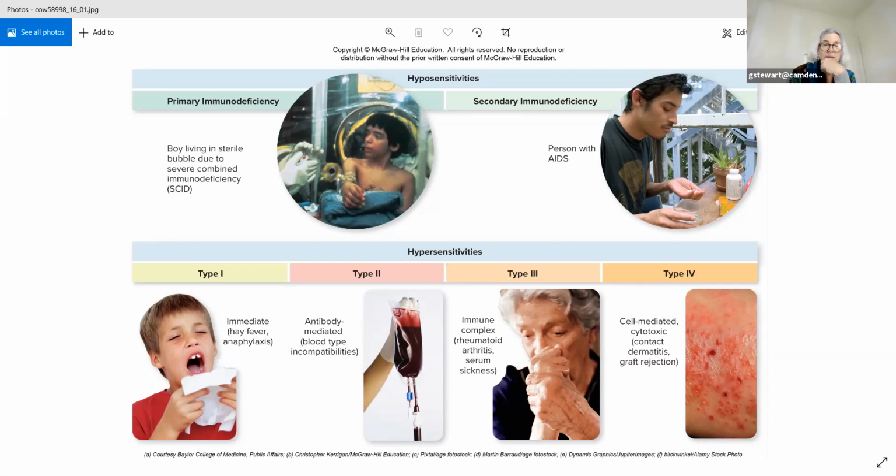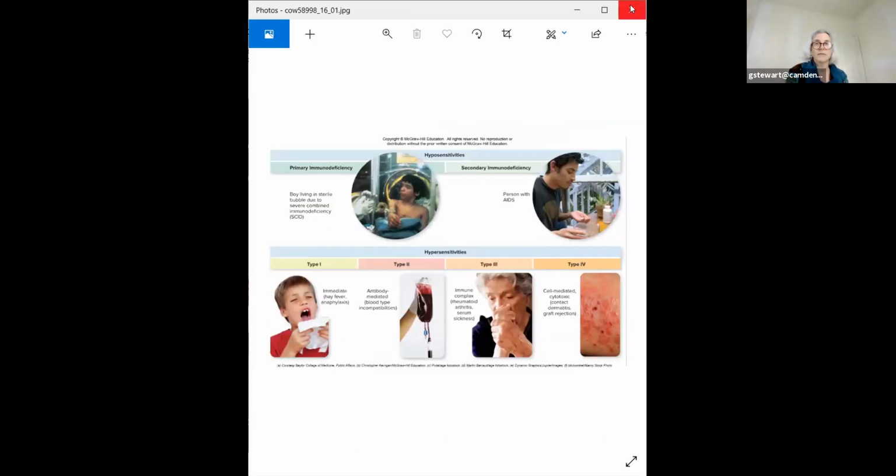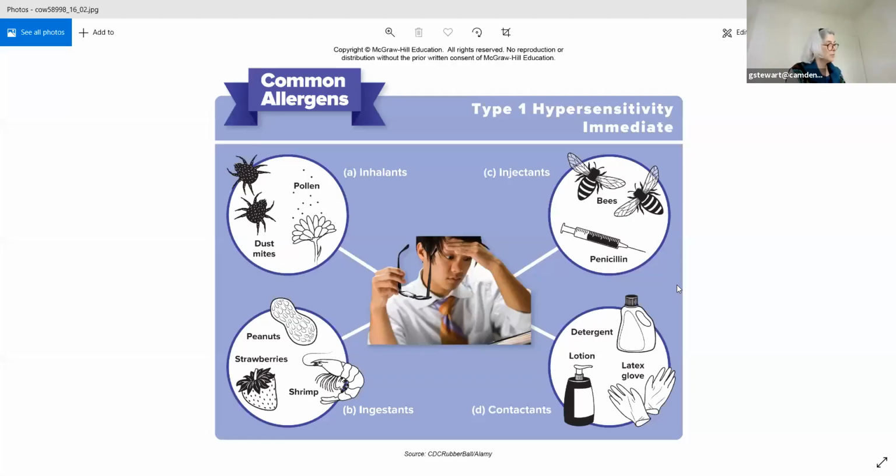Okay, so let's see what picture we have next here. Okay, so, why did it do that? Okay, trying. This is the picture I'm after. So some common allergens that I think we should take a look at that cause type 1 hypersensitivity. So there's type 1, type 2, type 3, type 4.